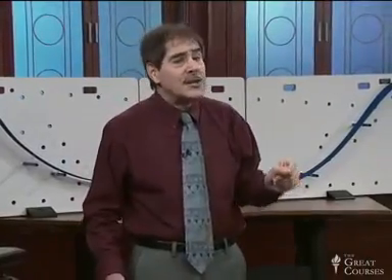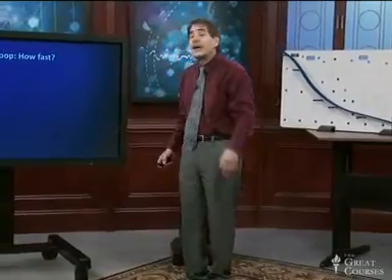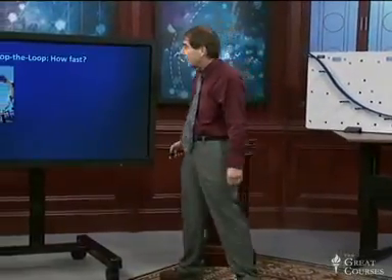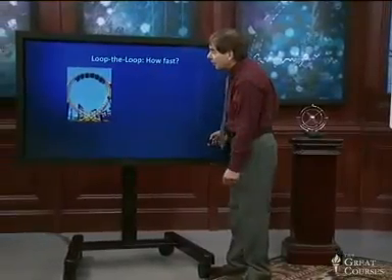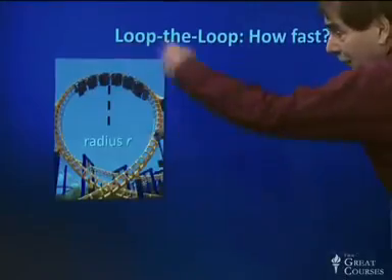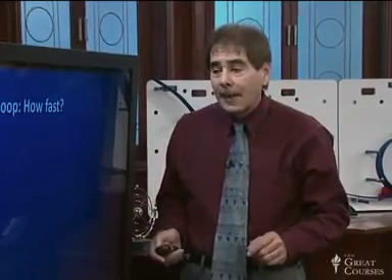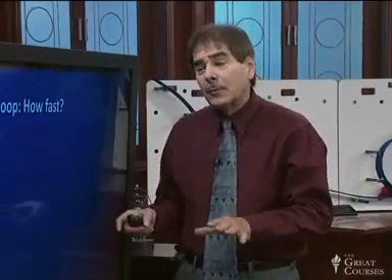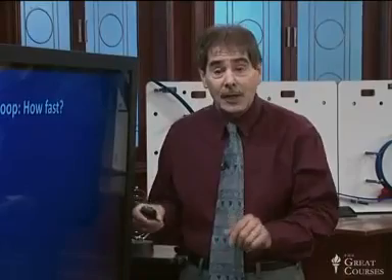How fast does the car have to be moving in order to make it all the way around that loop? So let's find that out. Here's an actual photograph of a loop-the-loop roller coaster. I'm going to assume that that loop constitutes a circle of some radius, lowercase r. Now, in fact, loop-the-loop roller coasters are not designed as perfect circles. That's partly a safety issue.